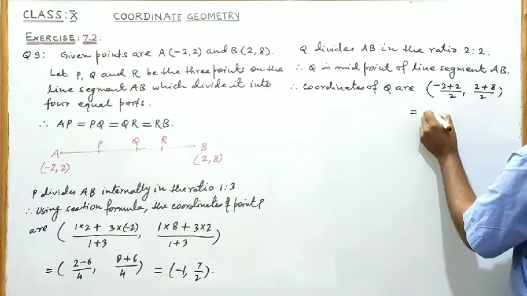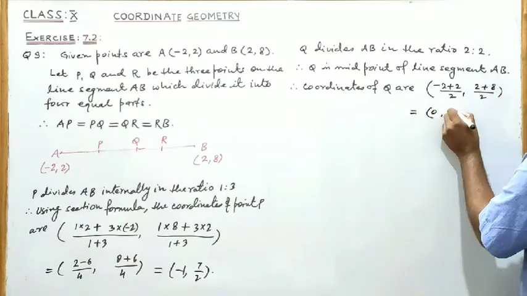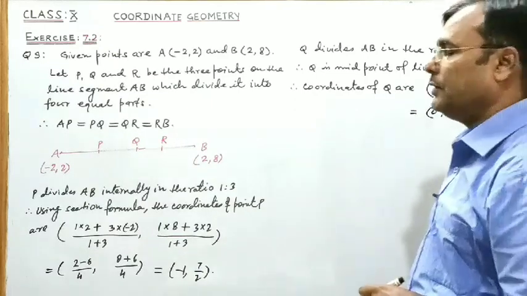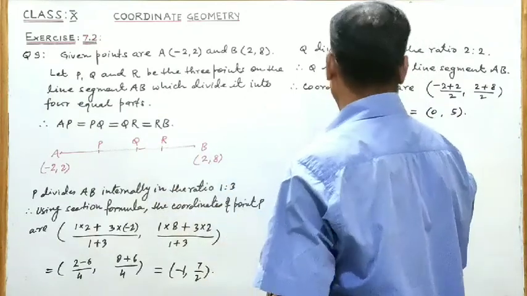This is equal to (0, 5). So coordinates of point Q are (0, 5).